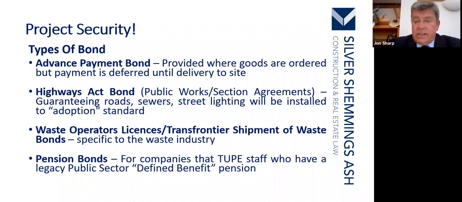You can also get an advance payment bond, provided where goods are ordered but payment is deferred until delivery on site. Clearly, that one is particularly important at the moment. Highways Act bond, public works section agreements, guaranteeing roads, sewers, street lighting, etc., will be installed to adoption standard by the local authority.